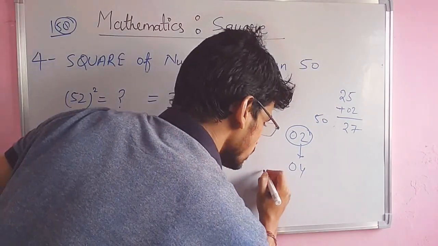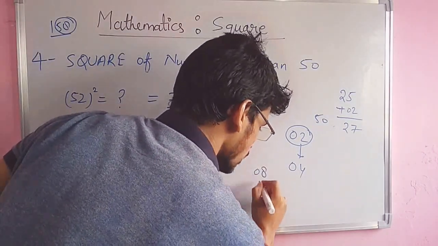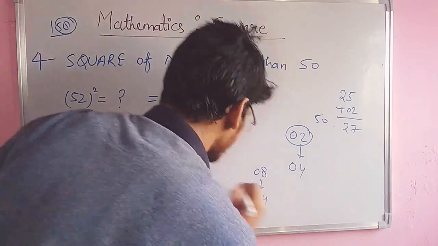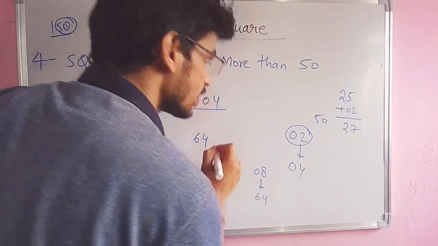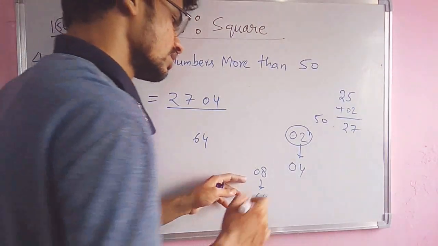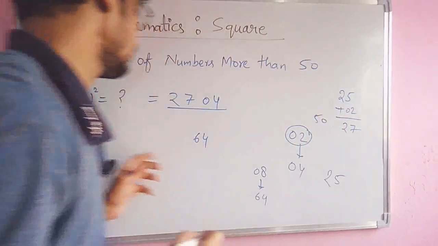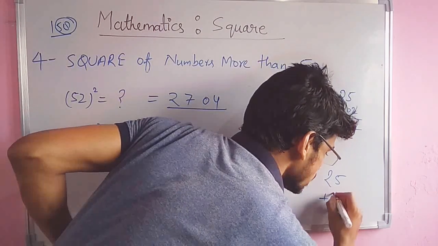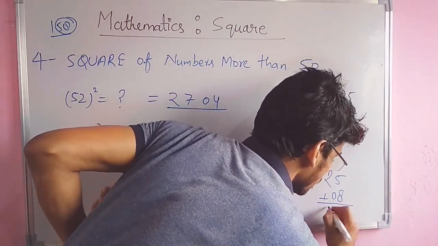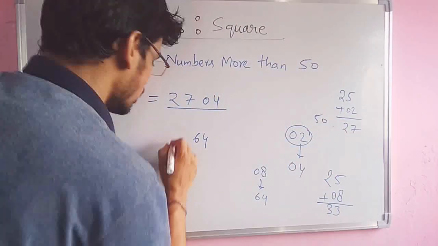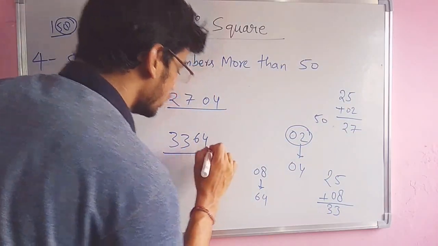That is 8. How much is 8 square? That is 64. Note down the 64. Next, add the extra value above 50 to the golden number 25. 25 plus 8, that is 33. 3364 is the calculated square of what?